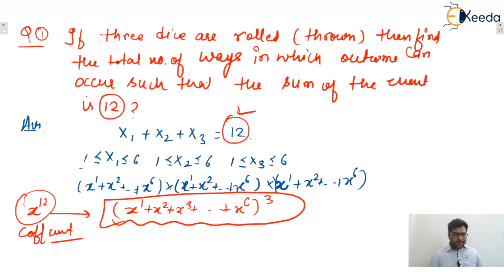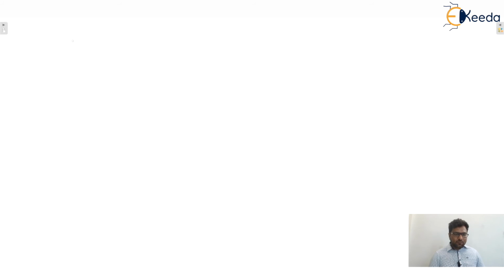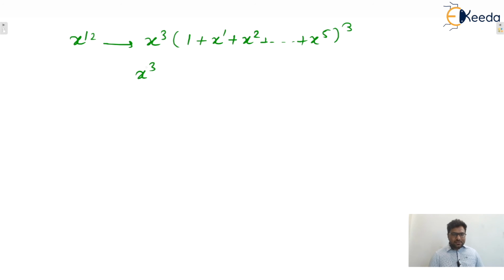So this becomes, taking x common, x power 3 then 1 plus x power 1, x square, up to x power 5, whole cube. Remember, this is a finite GP.